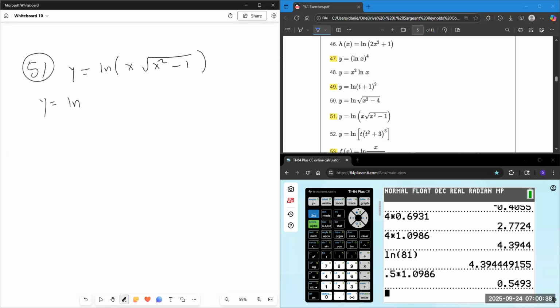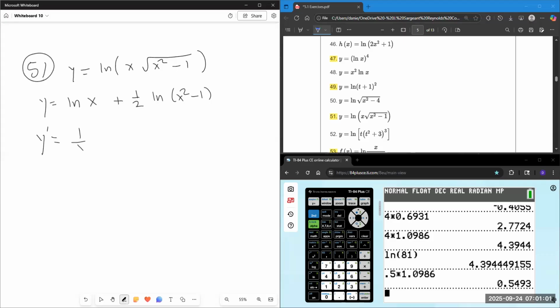So this is ln of x plus 1/2 ln of x squared minus 1. I could break that up a little bit more, but that's really not going to help me so much with this problem because I'm going to need to make a common denominator when I'm done. And might as well not try and do that with 3 denominators.